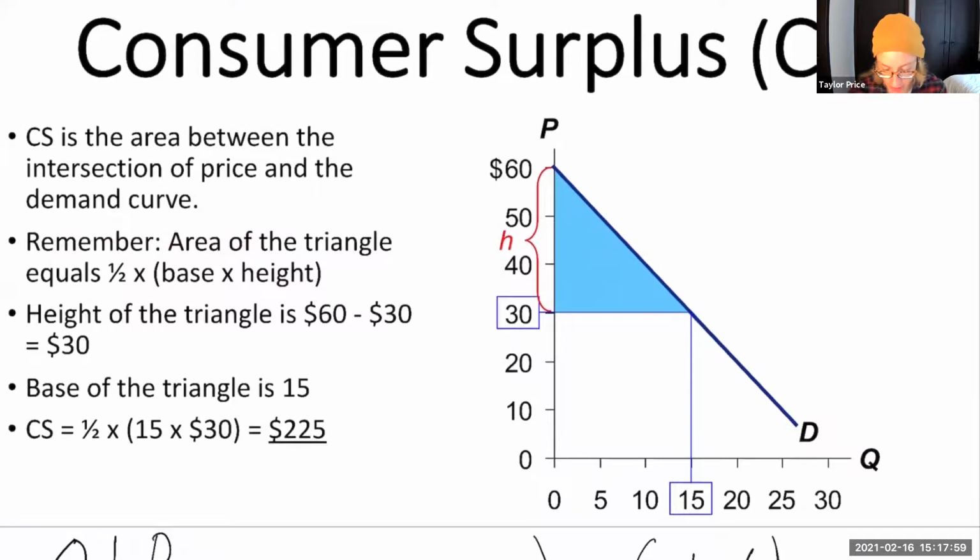The base of this triangle is 15. The height is the difference between 60 and 30, which is 30. So the consumer surplus in this market is 1/2 times 15 times 30, or 225. That's all we're doing for consumer surplus.